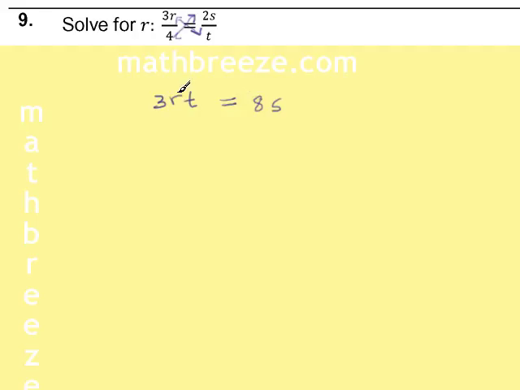Now we're solving for r. r is being multiplied by 3 and also by t, so let's divide by 3t on both sides. So the 3's cancel and the t's cancel, and we have r is equal to 8s divided by 3t.